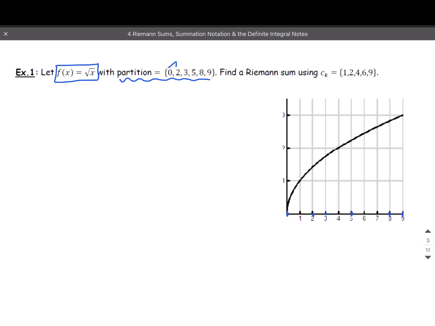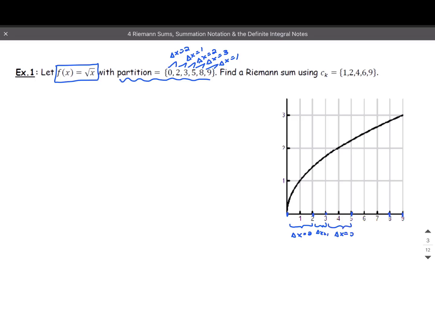Notice from 0 to 2, our delta x is 2. From 2 to 3, our delta x is 1. From 3 to 5, our delta x is 2. From 5 to 8, our delta x is 3. And from 8 to 9, our delta x is 1. Those are the bases of these rectangles that we will draw.